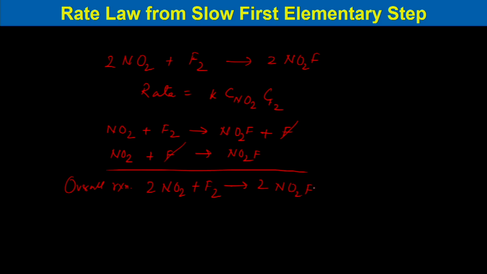So, this is the first step and it is considered slow and rate determining, and this is the second step and considered fast.